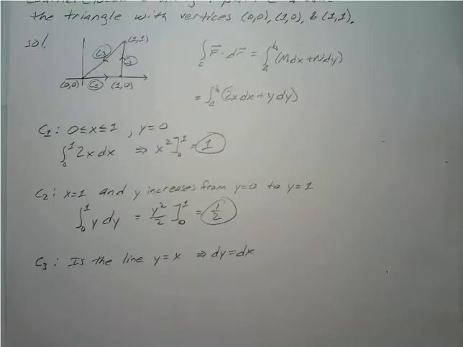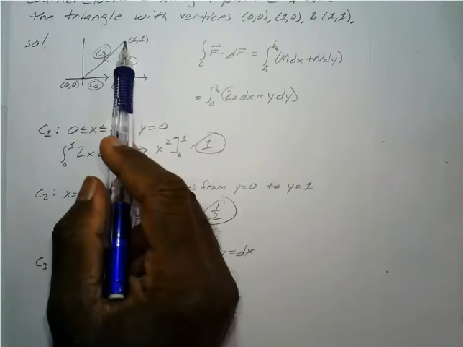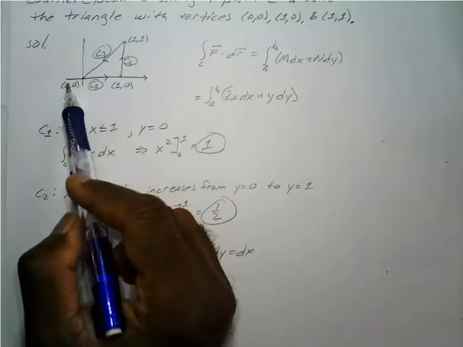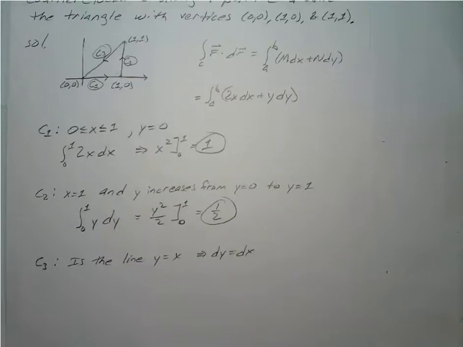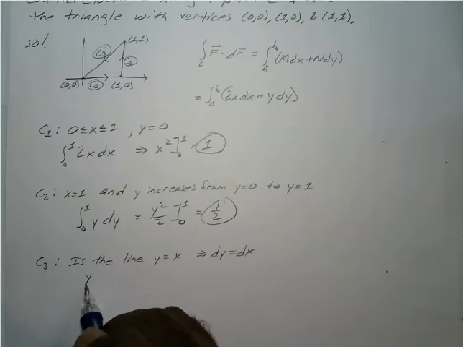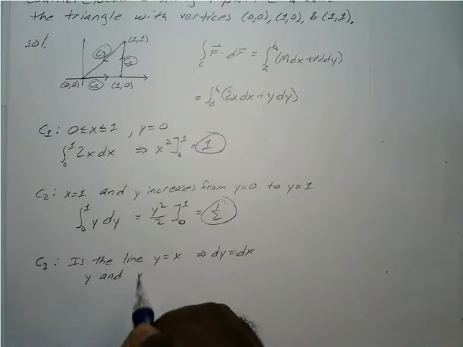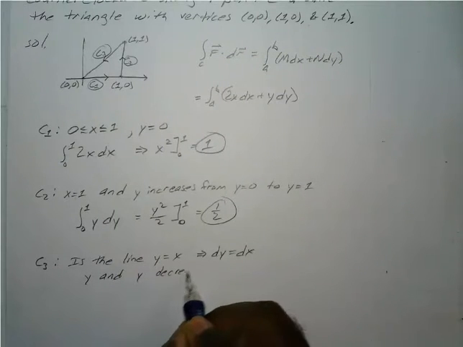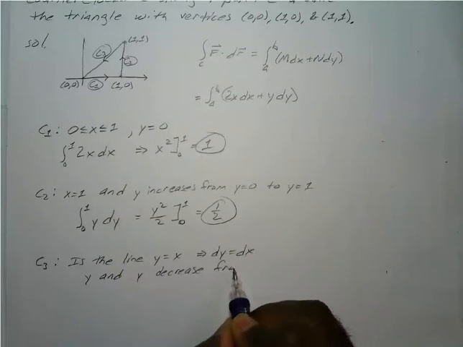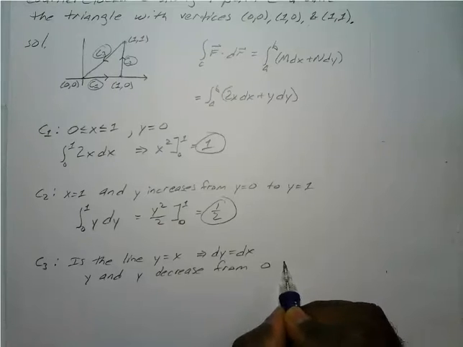And what do we also know? We know that x decreases from 0 to 1 and y decreases from 0 to 1. I mean 1 to 0.